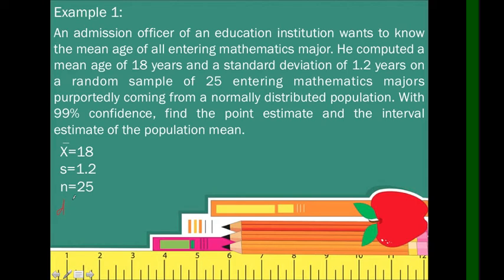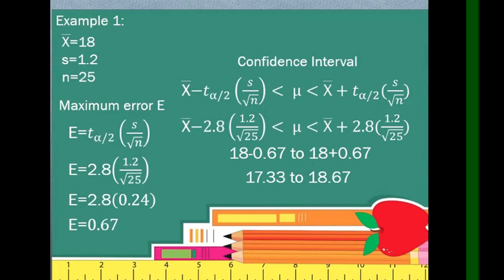So the DF is 24. If you look in our given table a while ago, we have 24 and 99%. So what is now the value of t? The point estimate for the population mean is 18. The value of t is 2.80 if I'm not mistaken.